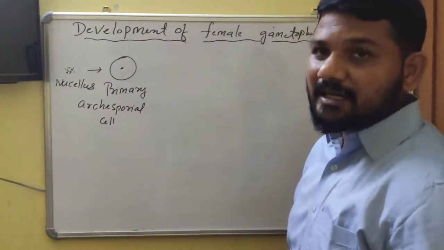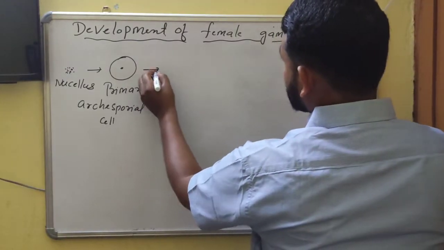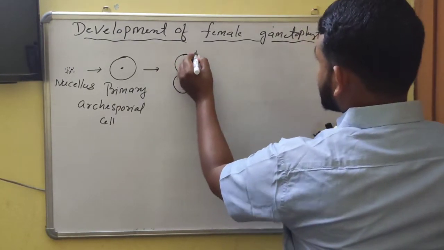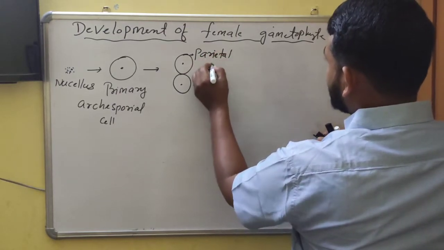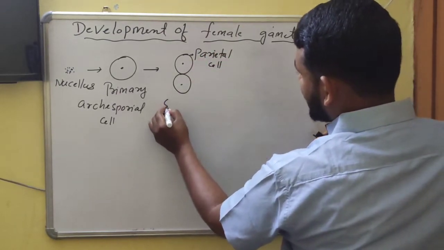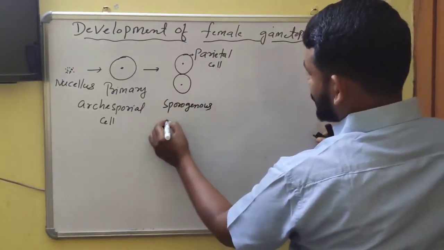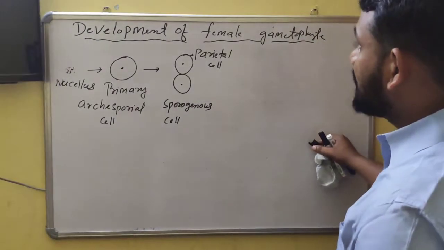Then this primary archisporial cell divides to form outer primary parietal cell and inner sporogenous cell. This is sporogenous cell and this is primary parietal cell.